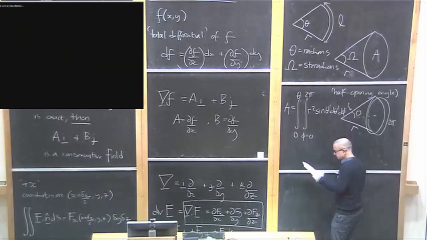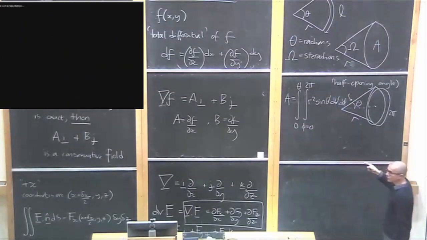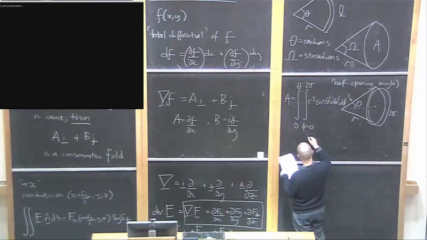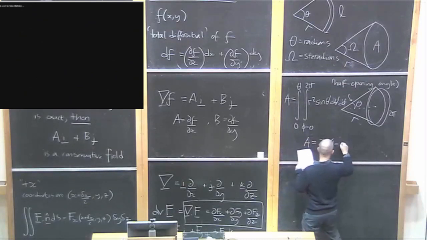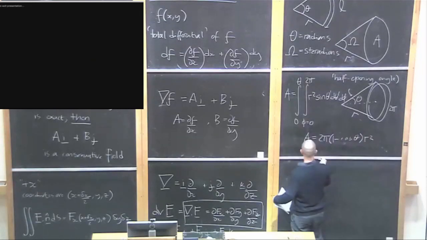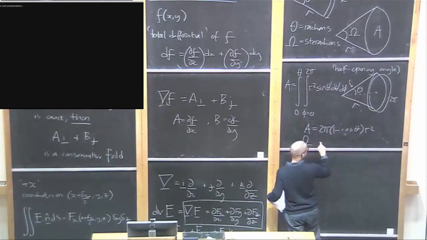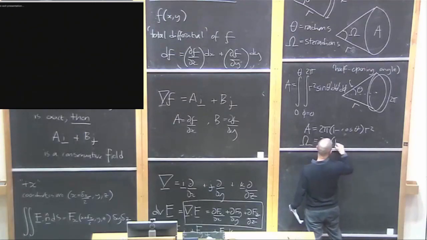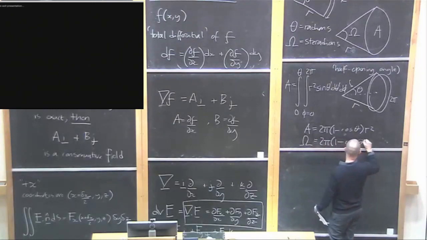Okay. So go away and evaluate that and check that you understand how you get the following answer. You'll get that the area is 2 pi (1 minus cos theta) r squared, which means that your solid angle, which is this divided by r squared, is 2 pi (1 minus cos theta).